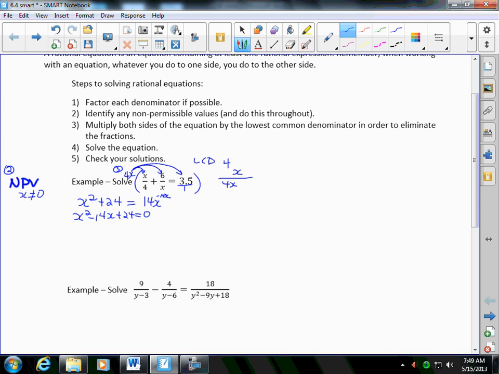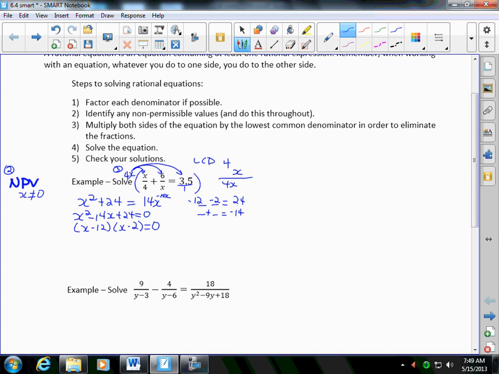So then I have to decide, what am I going to do? Am I going to do a product and sum? Probably. So something times something equals positive 24 and adds to equal negative 14. So that's negative 12 and negative 2. So this is x minus 12, and x minus 2 is equal to 0.